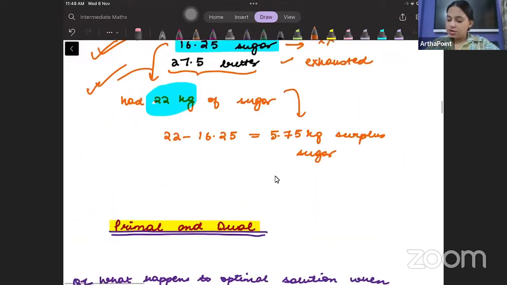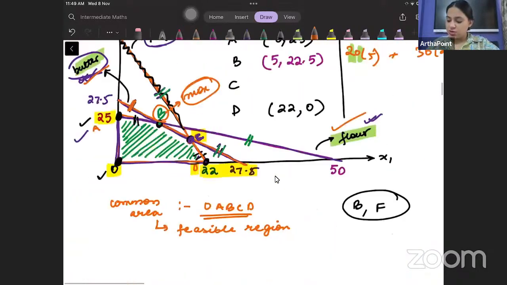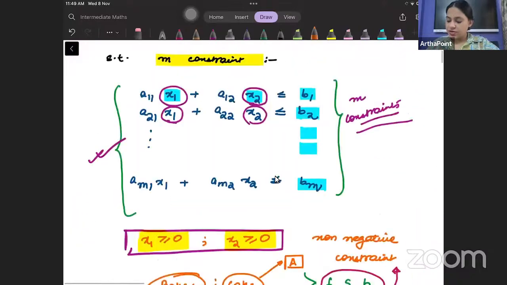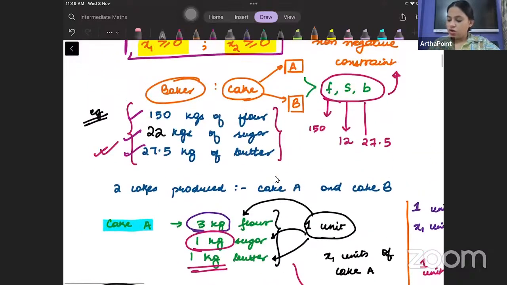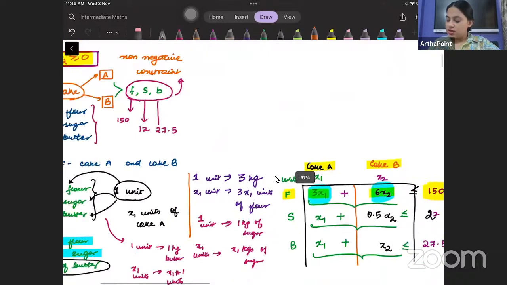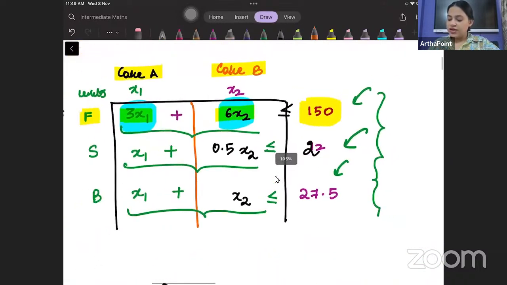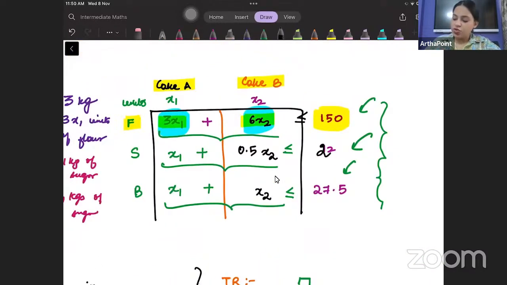You remember when I was making this table, come back here. When we talked about these tables, I had written that whatever flour you use for cake A, plus whatever flour you use for cake B, the total must be less than equal to 150.